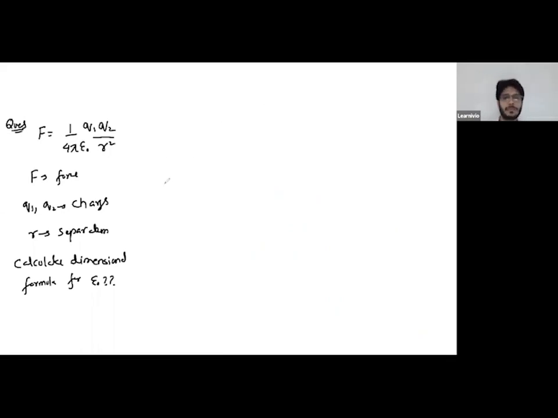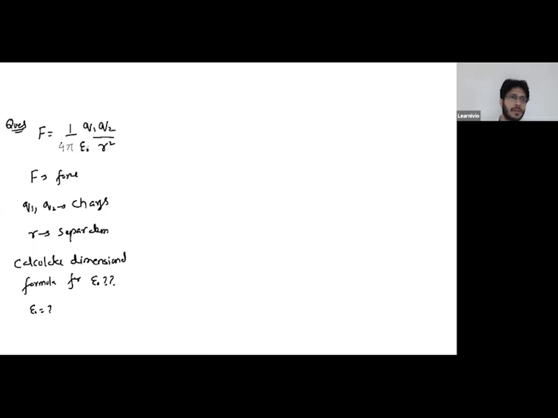R is separation, which is length basically. Get the value of epsilon naught. Yes, 4 pi. See, 4 and pi are pure numbers, they are dimensionless. Epsilon, it's a constant.